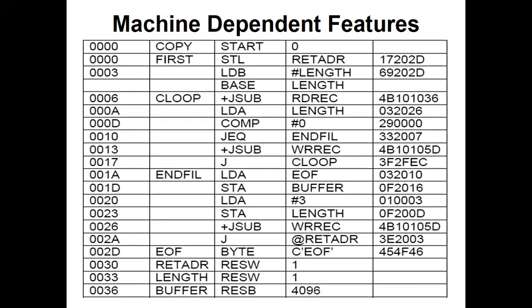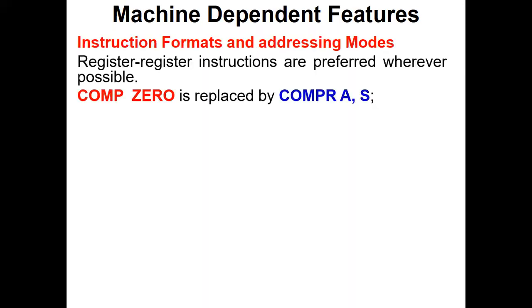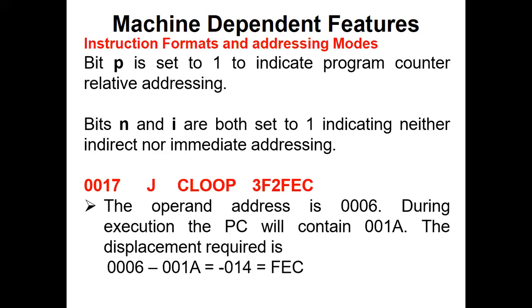X is also 0 because we have not used any indexing. There was no indexing. X is a 0. Then N and I, those are 1s. N is 1 and I is 1 because we are not using indirect or immediate addressing.